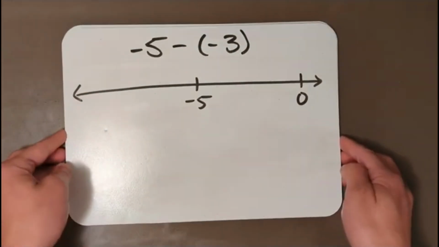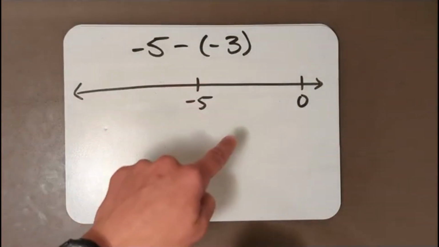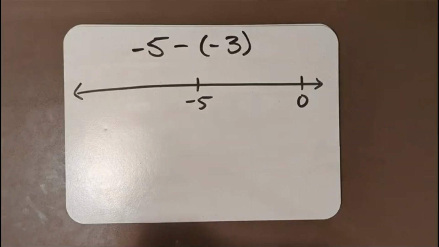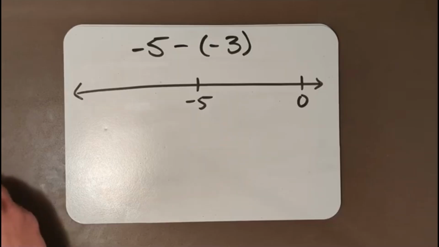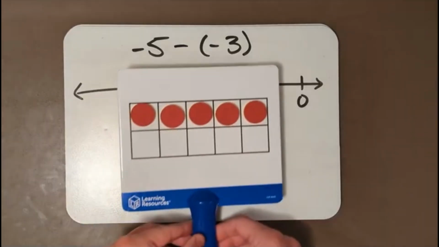In our other example, we're still subtracting a negative, but we're going to start with negative 5 instead of a positive 5. The concrete model will have the counters again.